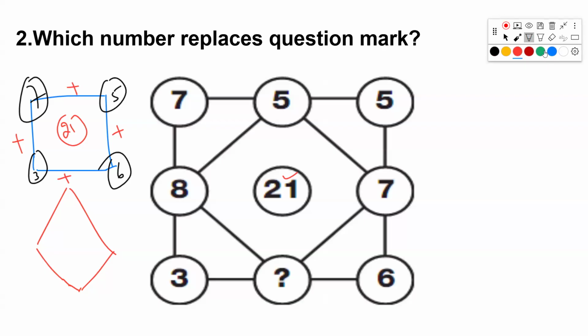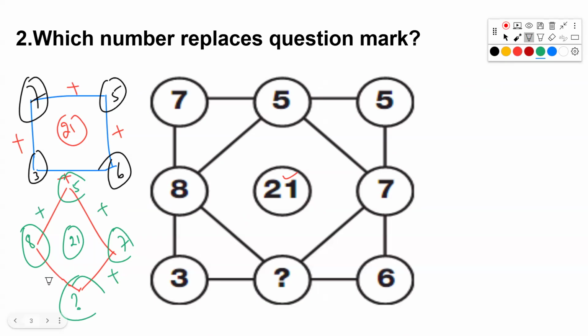Now when you look at the rhombus, say this is 5, say this is 7, and say this is 8, and you have a question mark here, and you already have a middle number which is 21. So again I'll be doing the sum. 8 plus 5 is 13, plus 7 is 20. If I sum up the corner points, it is 20. To make it 21, I need 1.